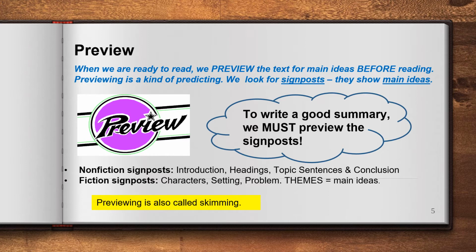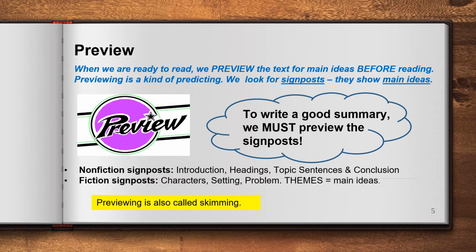So in non-fiction text, the signposts are obviously the title of the text, then the introduction and conclusion paragraphs, and you also see that the headings are signposts, and you get pretty good at looking at the topic sentences in each paragraph as well. And all of those signposts give you signals of the main ideas of the non-fiction text.